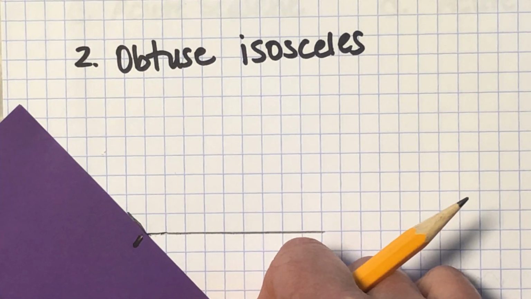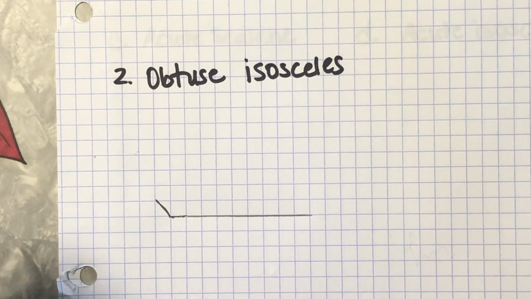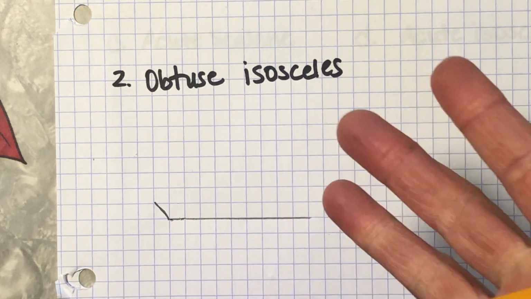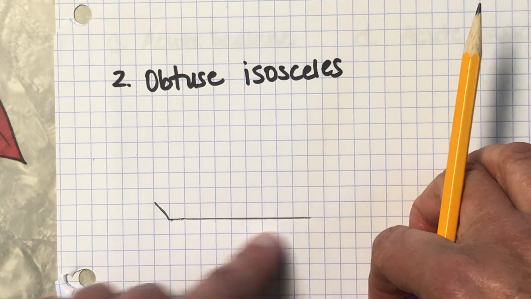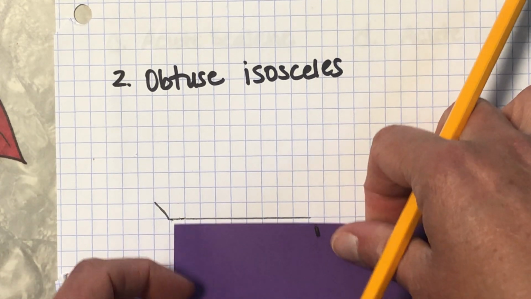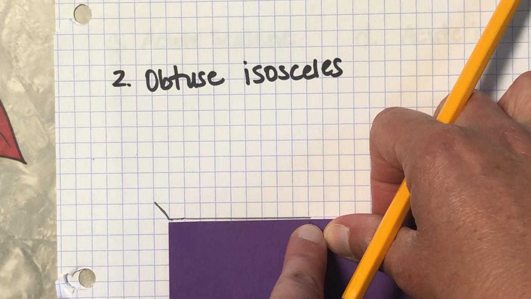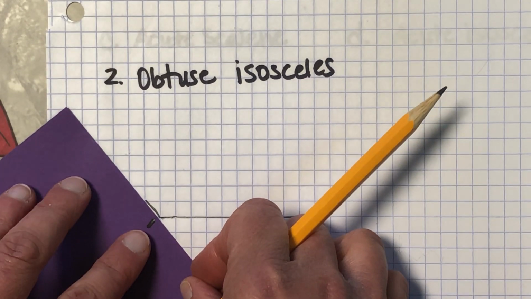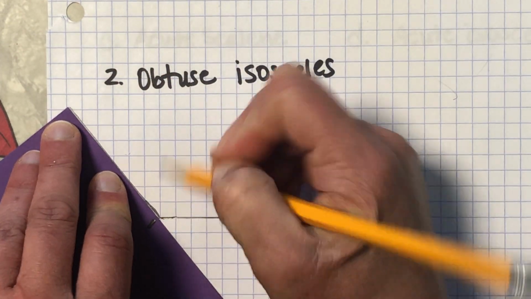I want to make sure that this side of my triangle, because it's got to be isosceles, that means 2 sides have to be the same. So I just have to pick a length measurement for 2 of those sides. So this is how that little piece of paper helps me. If I make this side this length and this side the same length, I'm going to have an isosceles triangle. 2 sides, same length.